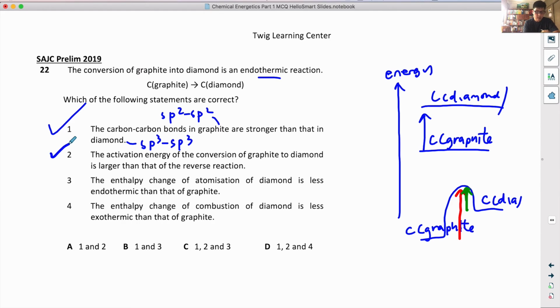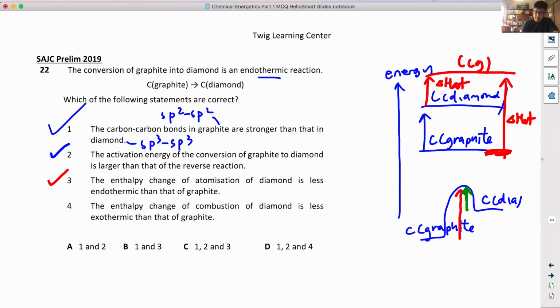That's right. Okay, enthalpy change of atomization of diamond. I think we did this a few times today. Diamond is up here. Atomization for graphite is from here. So is this true? Less. Yes, it's true. The enthalpy of combustion of diamond is less exothermic.